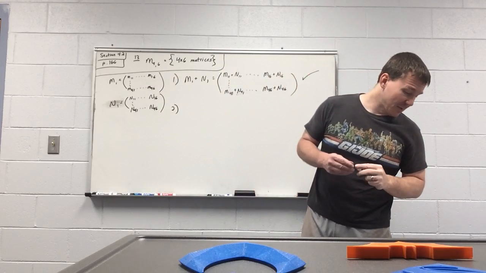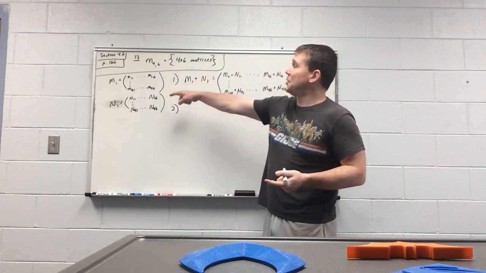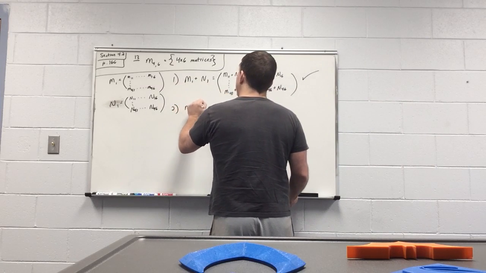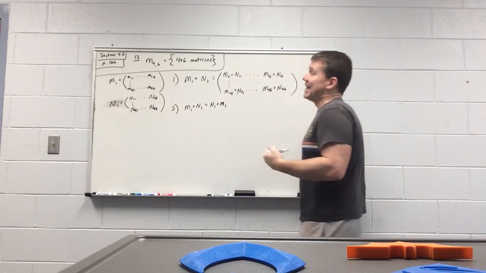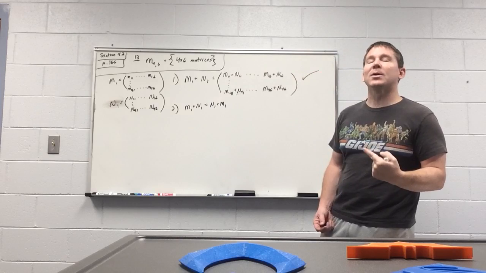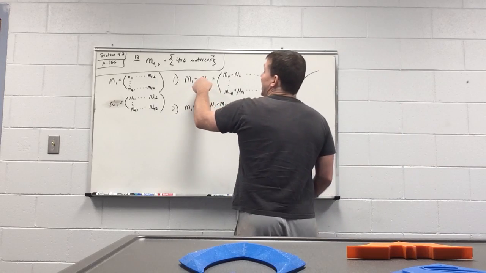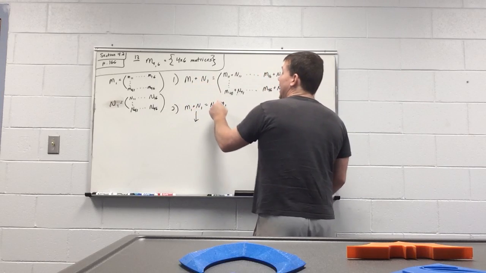Number 2, u plus v is v plus u. I already have two matrices, M and N, right there. I need to show that M1 plus N1 is equal to N1 plus M1. And in this case, to shortcut it a little bit, because the process is the same, there is M1 plus N1, which I could rewrite here.